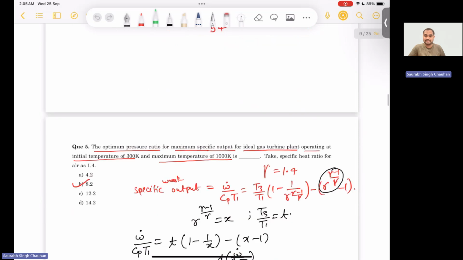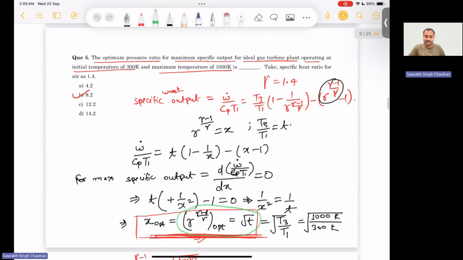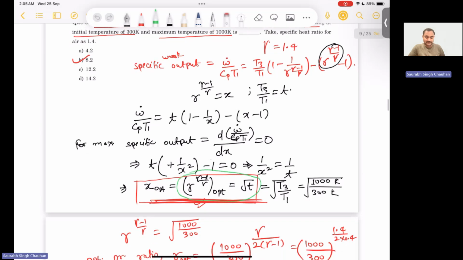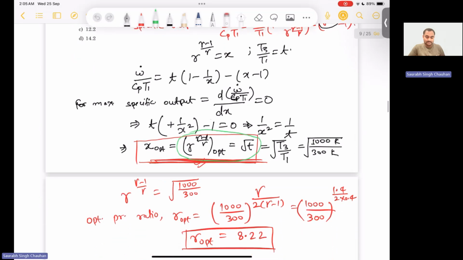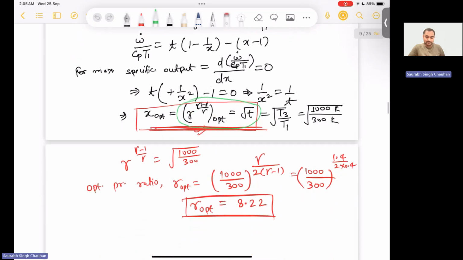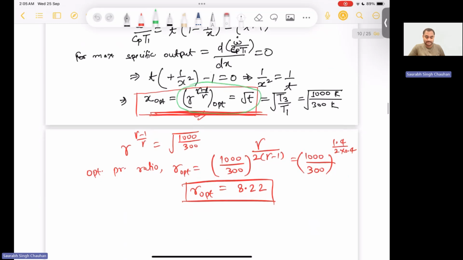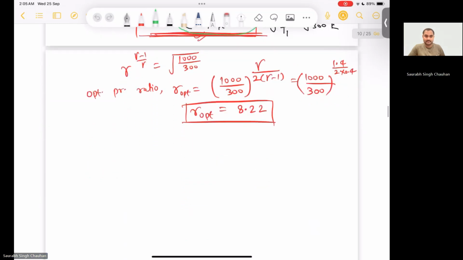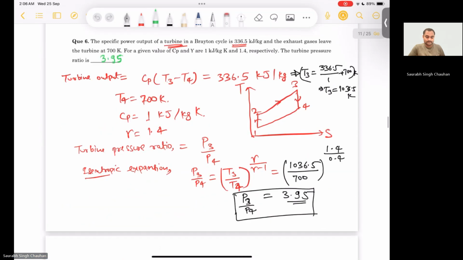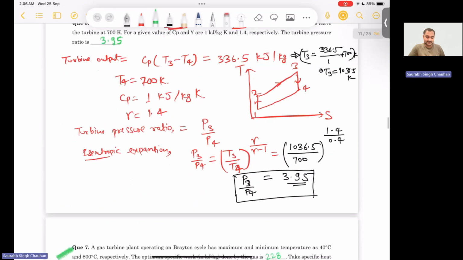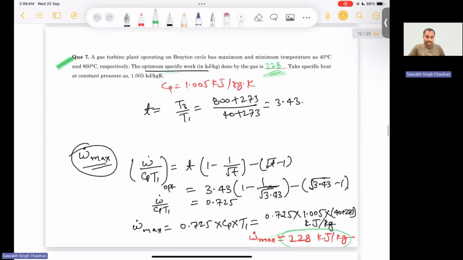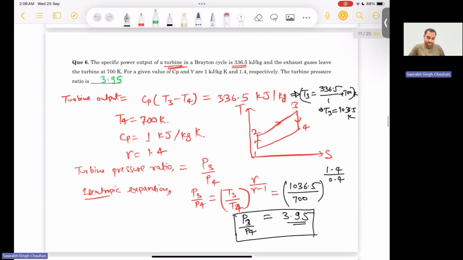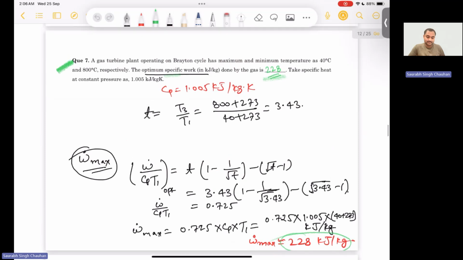The degree of reaction is the enthalpy drop in the moving blade divided by the total enthalpy drop. We saw how to find the maximum specific output by differentiation, by making the differentiation equal to 0. Then we solved some questions related to optimum pressure ratio.